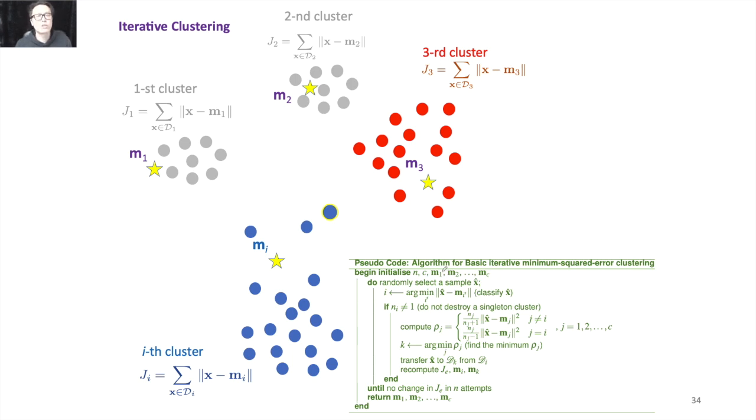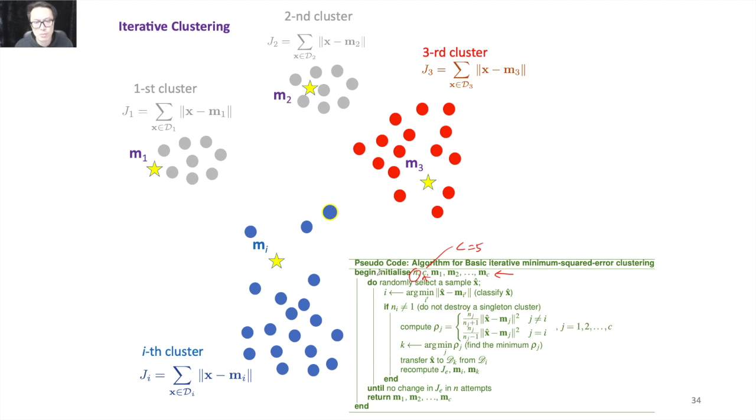Okay. Now we're going to take a look at this pseudocode. In order to run this algorithm, we need to initialize it by preparing a data set, the number of samples n, and the number of clusters c. For example, c is 5, which means we are going to divide the samples into 5 clusters.